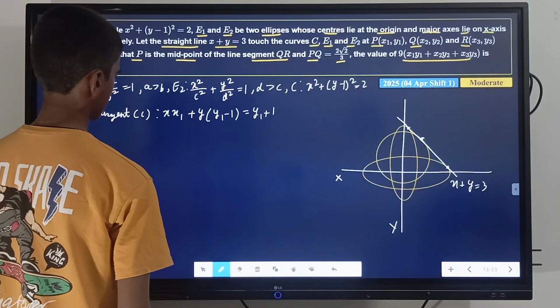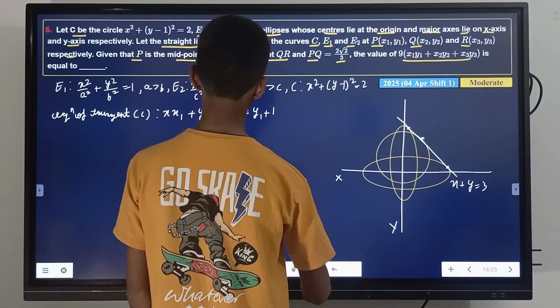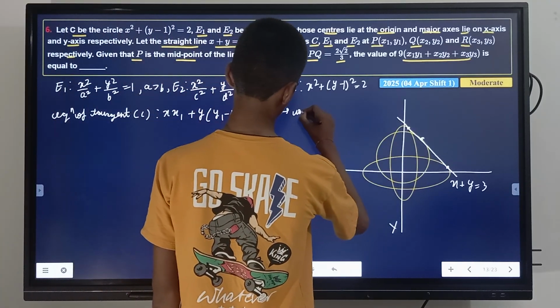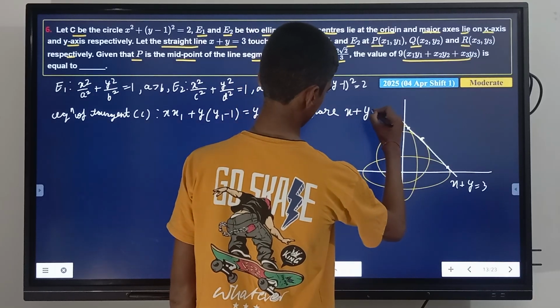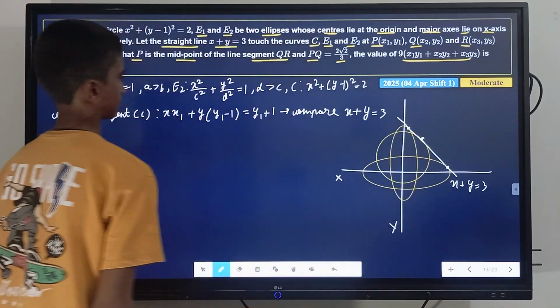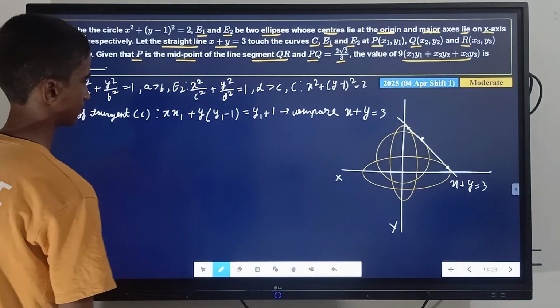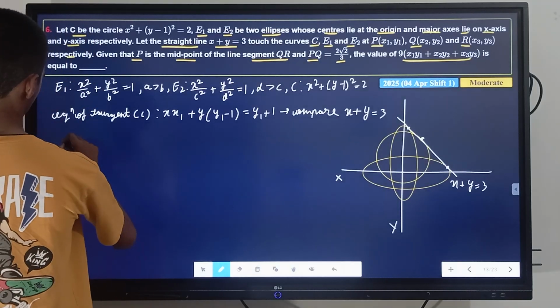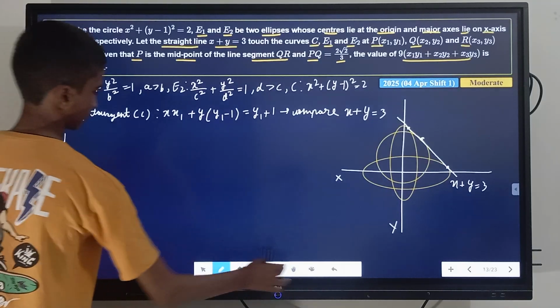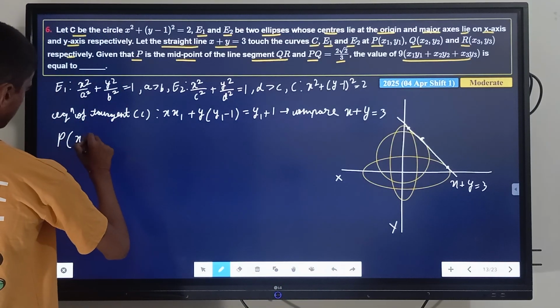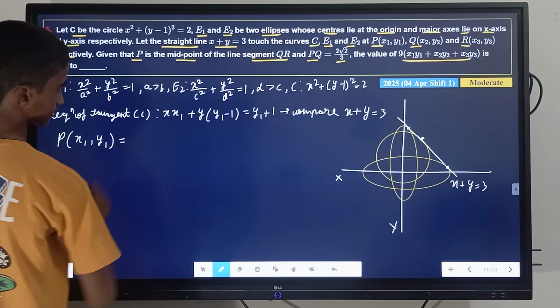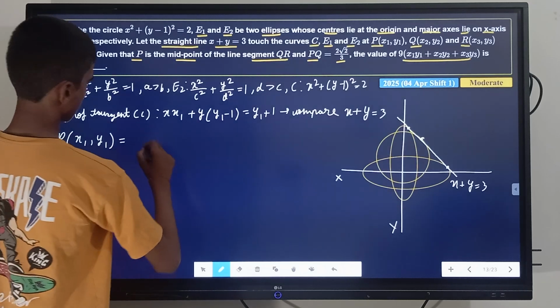Now compare this equation with x plus y is equal to 3, because these two are the same. We will get our x1, y1, point P, x1, y1 as 1, 2.